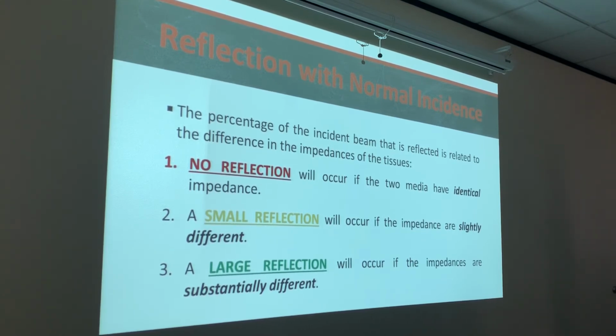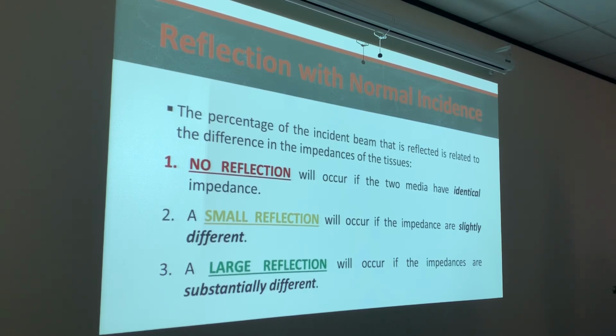I have it in red, yellow, and green, guys. Red means stop: we will not get a reflection if the two media have identical impedances. If we're traveling from soft tissue to soft tissue, or fat to fat, we're not going to get a reflection.